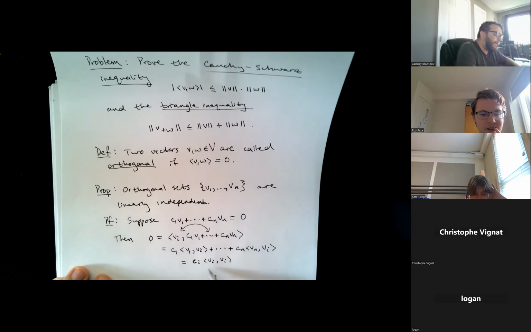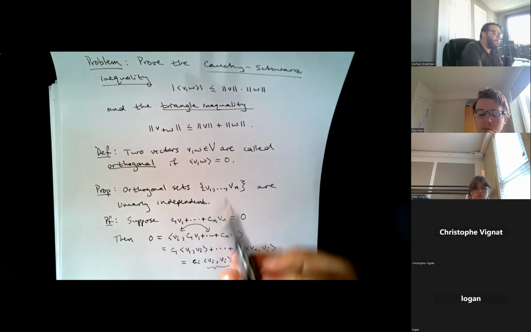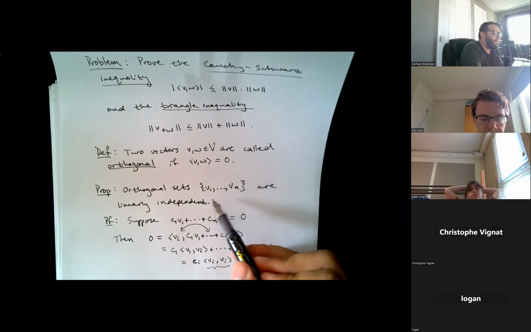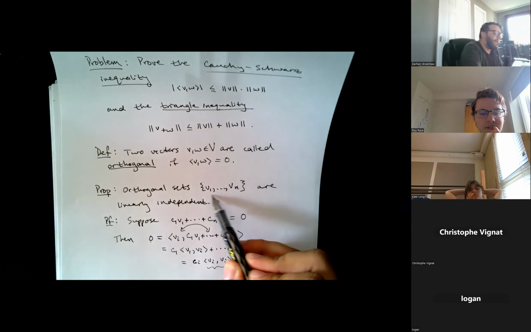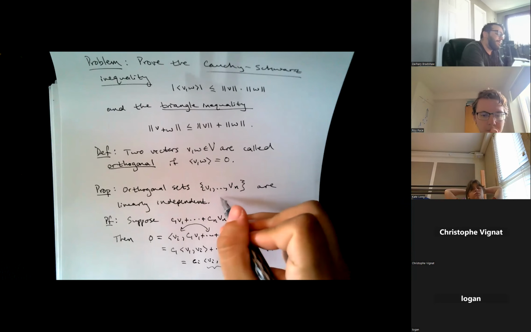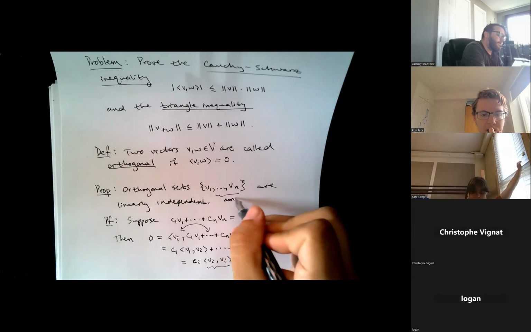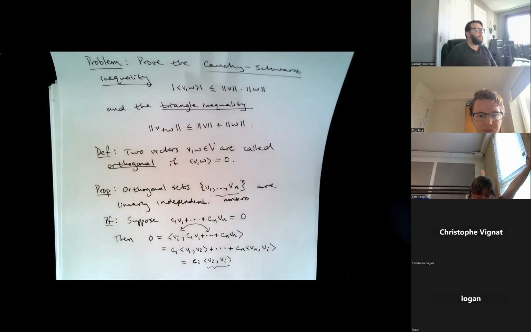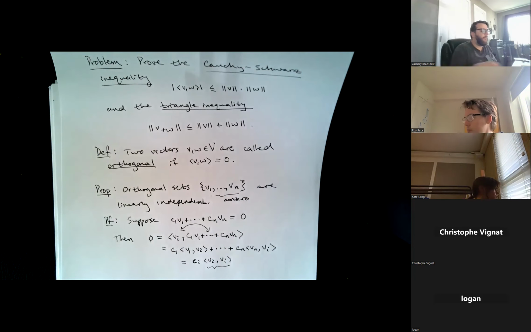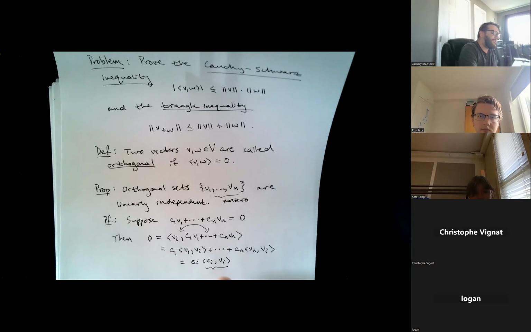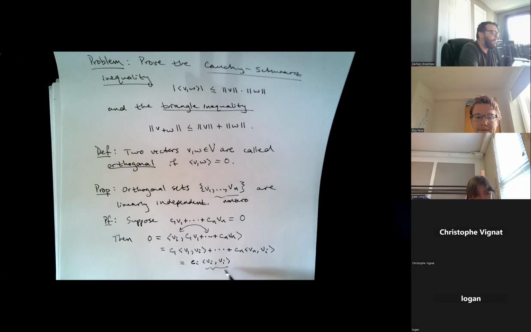And now I need an additional assumption here, actually. I need these vectors to be non-zero. So if these vectors are non-zero, that means this inner product of Vi with itself is positive.